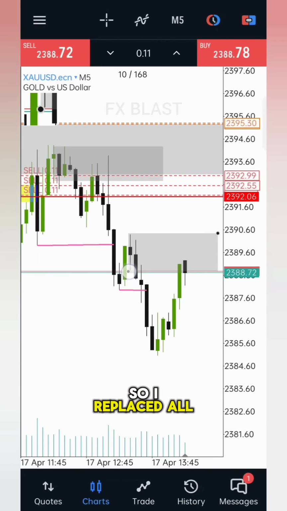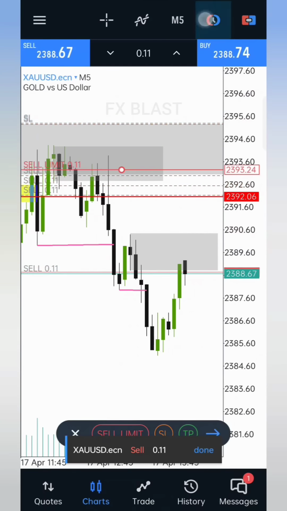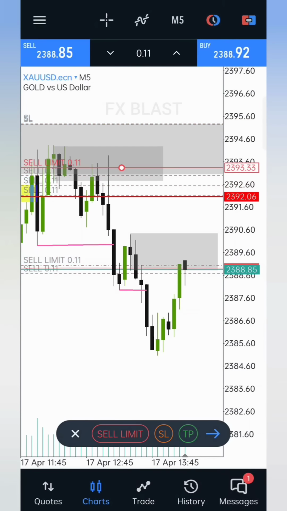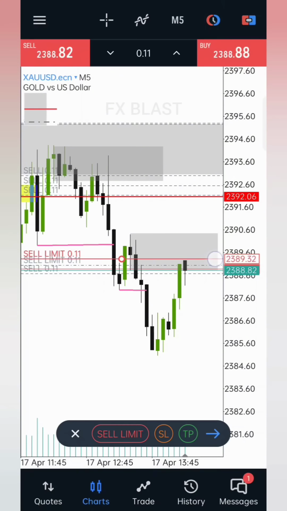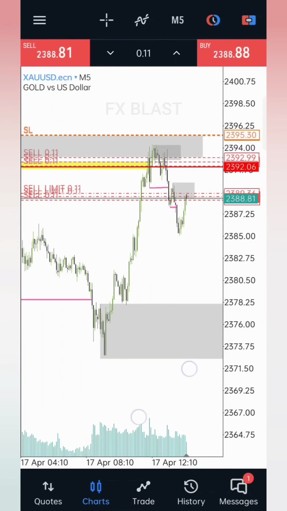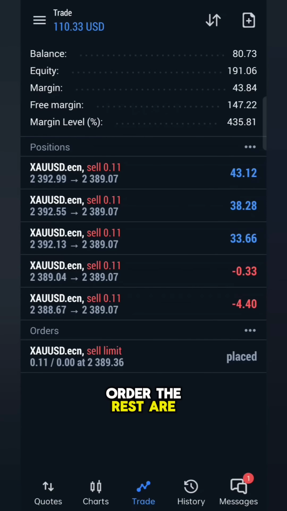So I replaced all of my entries from here. Here are my other 3 positions. One is an open order, the rest are pending orders.